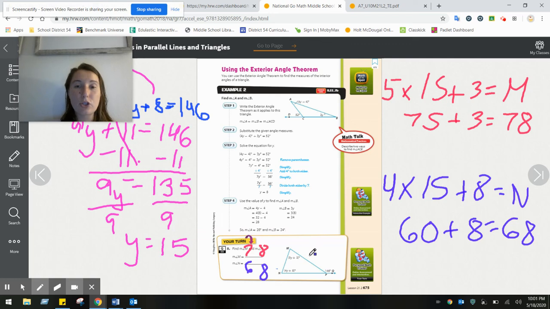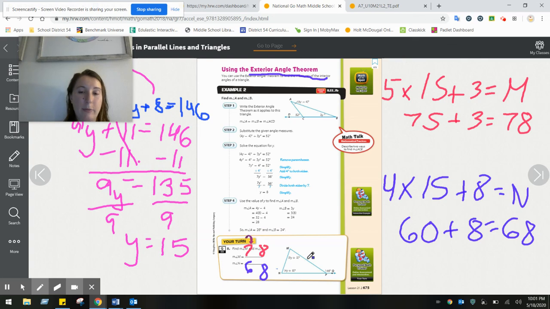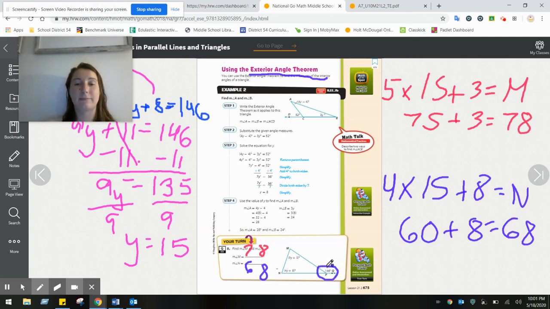Now, just to be sure, I have to use the exterior angle theorem to double check my answer. And again, what that exterior angle theorem says is that this exterior angle is equal to the sum of these two remote interior angles. So I should be able to add 78 plus 68 to get 146, which is correct.